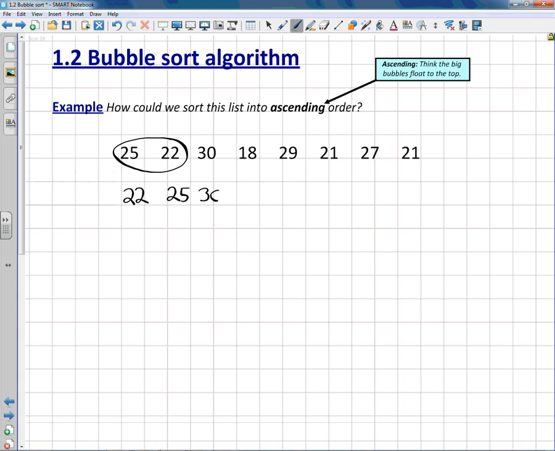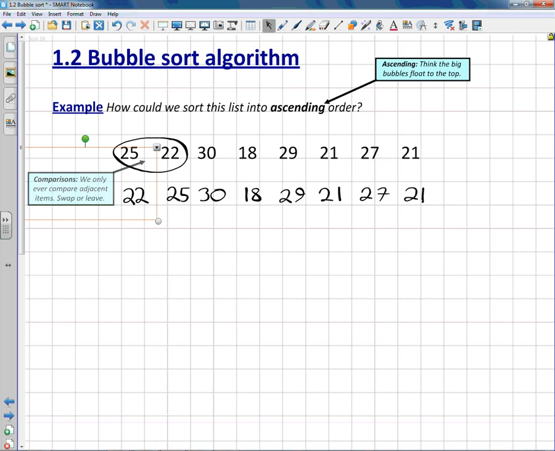And we're going to have to copy out all of these numbers. They've not changed there. We've just made one comparison. Okay, so we only compare adjacent items, and we either swap them or we leave them. So we've done one comparison so far.